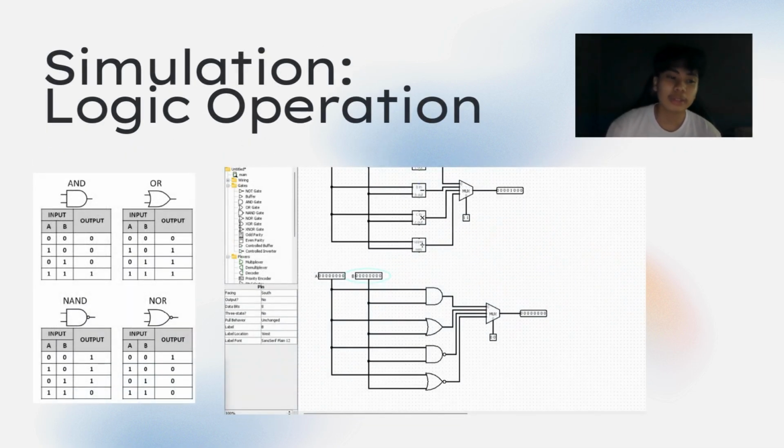So now let's simulate the logic unit of our ALU. I'll demonstrate the AND, OR, NOR, and NAND operations. First let's set the values for our inputs. Let's say our input A is 1 0 1 0 1 0 1 0, and our input B is 1 0 0 0 1 0 0 0.